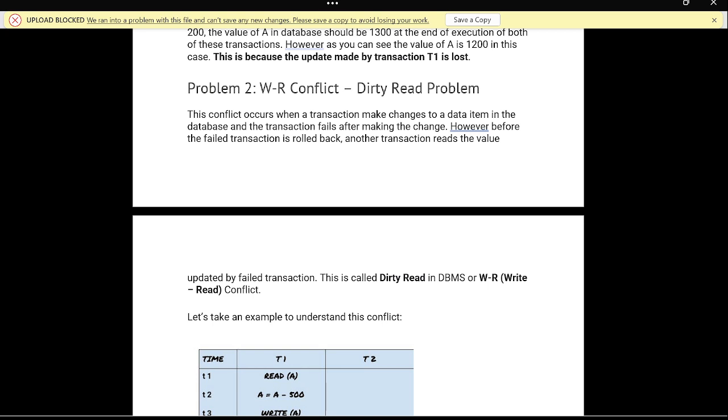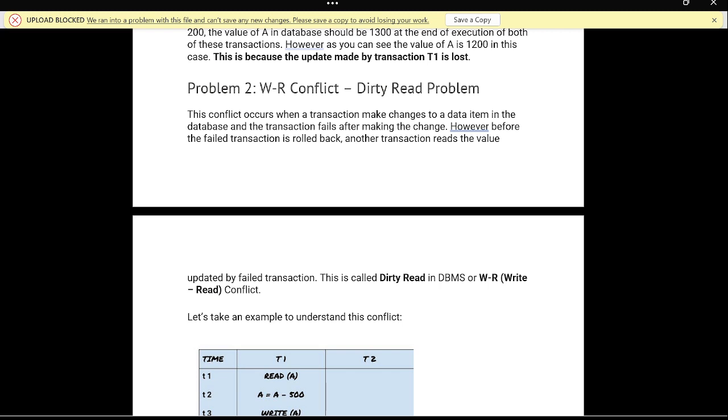That is, whenever you leave incomplete data, you write something, due to some issue you leave the data and come out of that particular transaction. You didn't finish the transaction; you left it in the middle. Such transactions cause what are called dirty read problems.